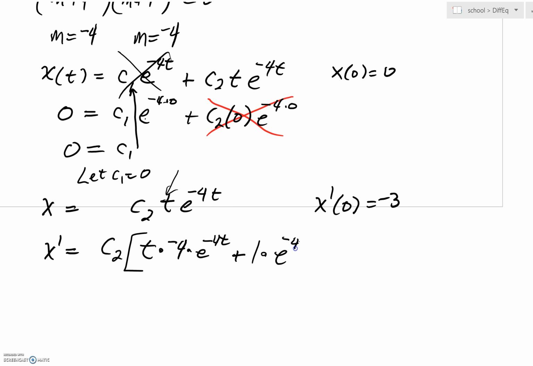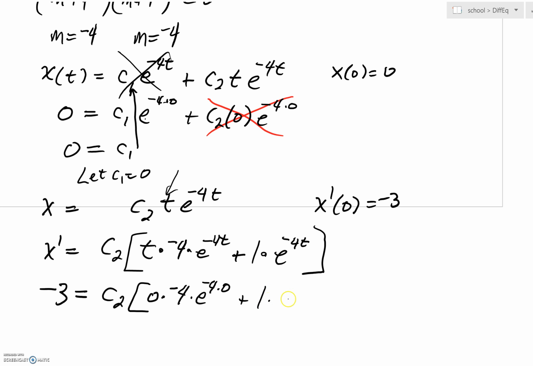Here's e to the negative 4t. And you could say, well, there you have it. Now, you could try to clean some things up, but my suggestion is let that derivative equal negative 3 and just plug in your t of 0 immediately, because real good things happen then, right?